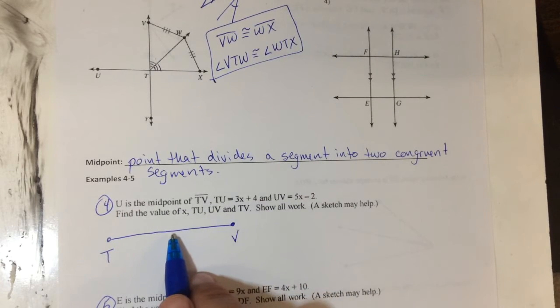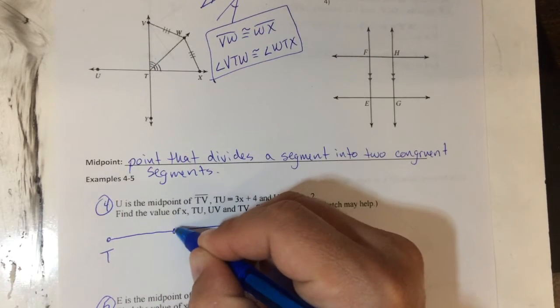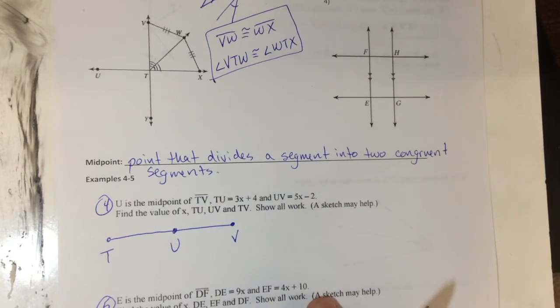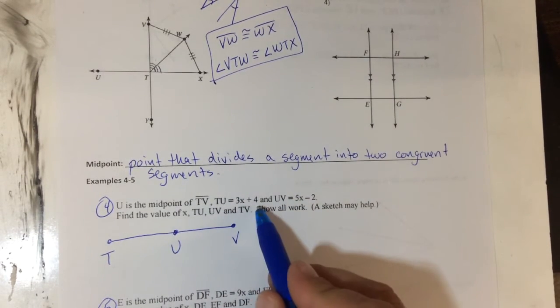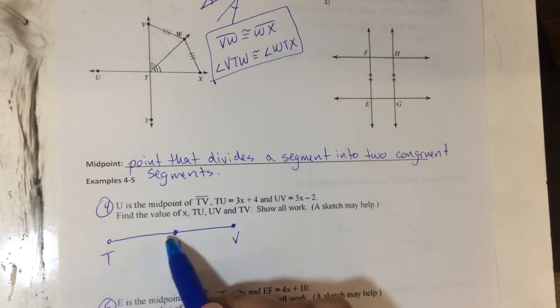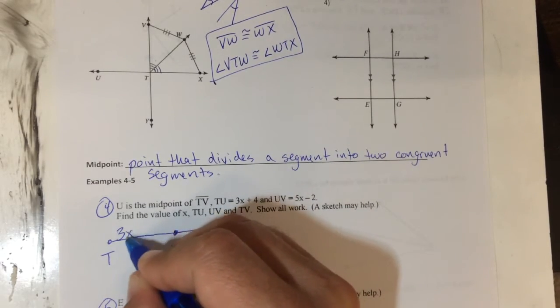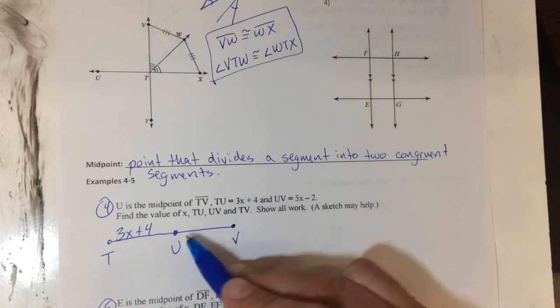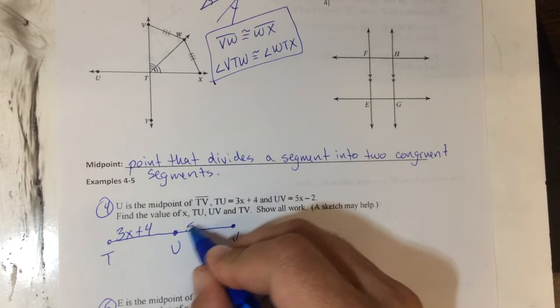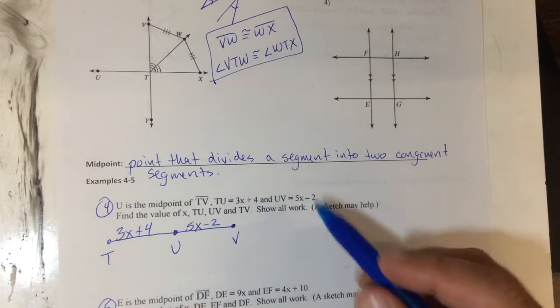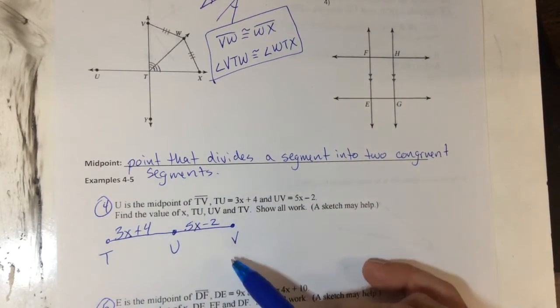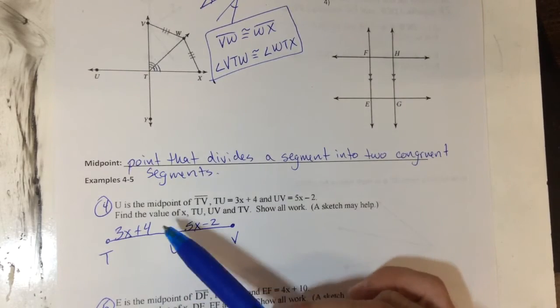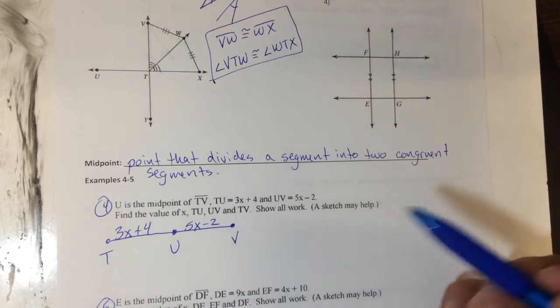So find the location that you assume to be the midpoint, mark it, put a U, and then we're going to fill in the parts that we are given. We are told that TU is 3x plus 4, UV is 5x minus 2. Now, these two would add up to the total just because U is between T and V, but we are told specifically that it is the midpoint.